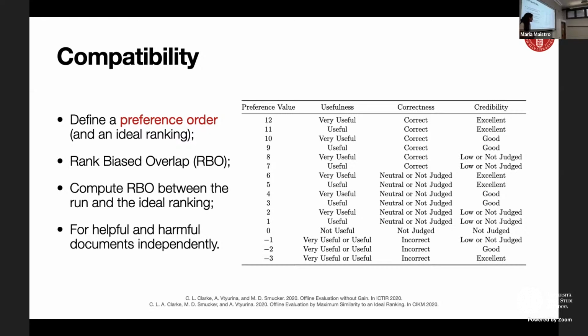Now the problem is that when you have, for example, 3 aspects, useful for rightness and credibility, you have different combinations, and the question is how to define this preference order. So you can end up having a lot of combinations and a lot of decisions to make.